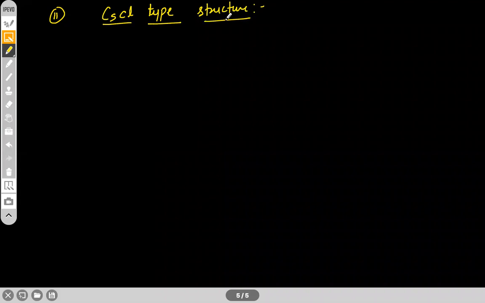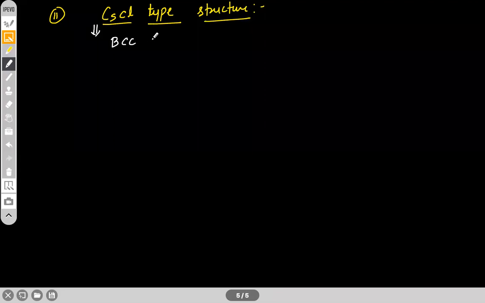In this structure also, you should have those 3-4 pieces of information. So one by one we'll see. Write down, this crystal has BCC type structure.